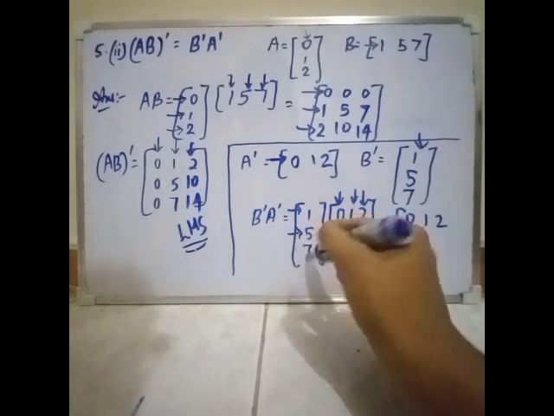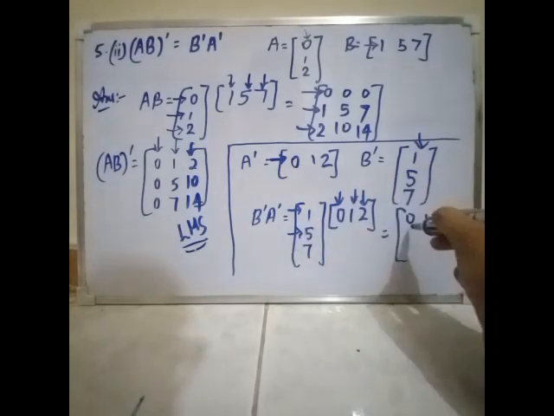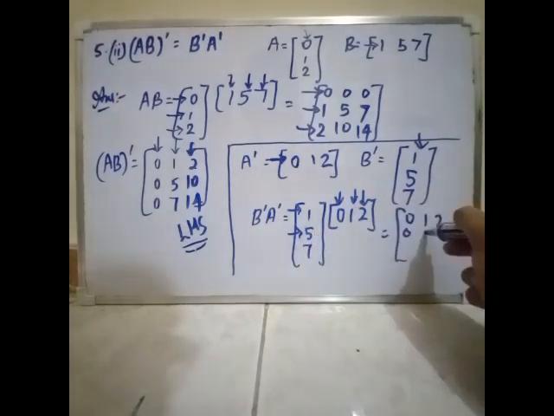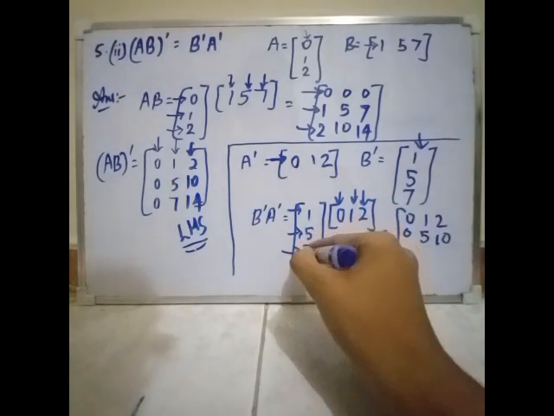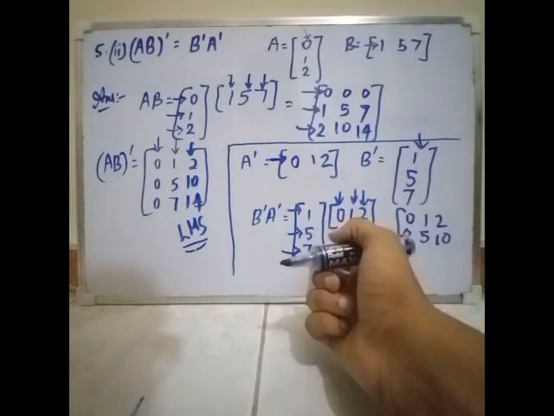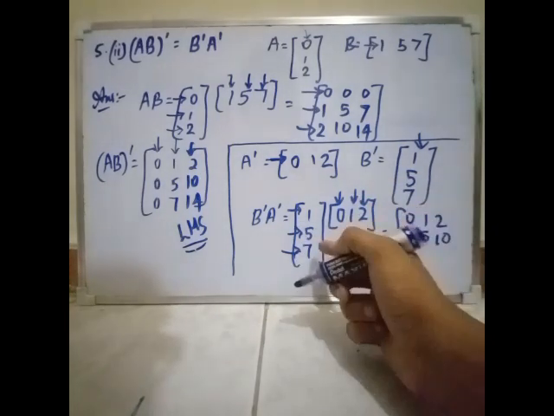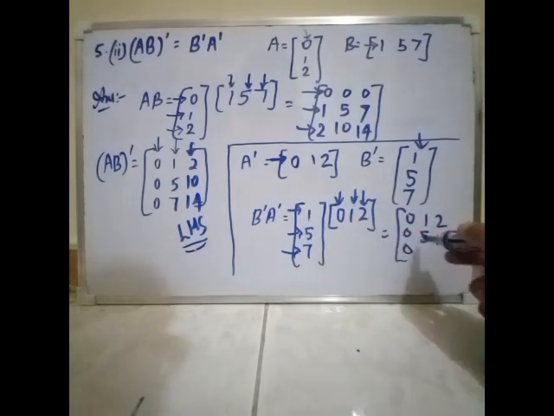Now second row with each element, 5 times 0 would be 0, 5 times 1 would be 5, and 5 2s are 10. Now third row with each element, 7 times 0 would be 0, then 7 times 1 would be 7, and 7 times 2 would be 14.